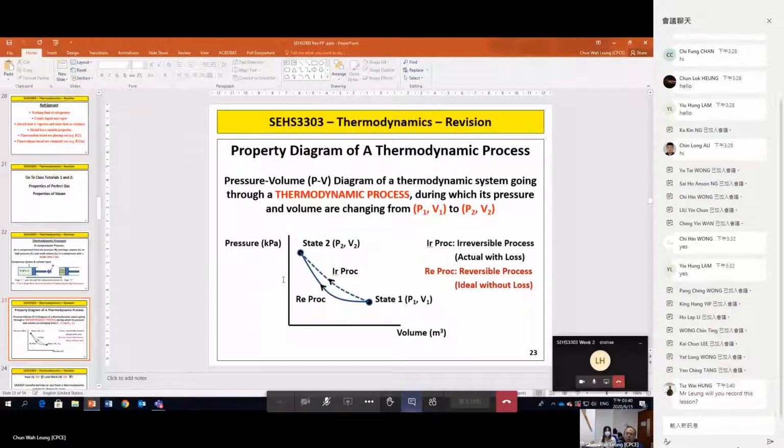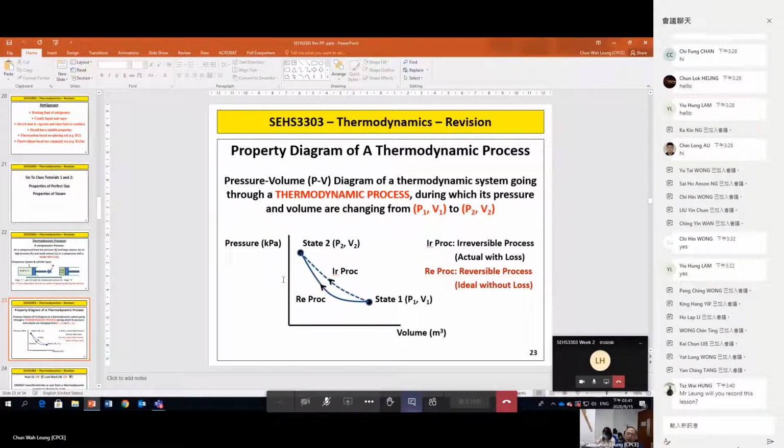At state 2, pressure is high and volume is small. In other words, during this process, 1 is the starting point, 2 is the ending point, and we can observe a change in both pressure and volume.